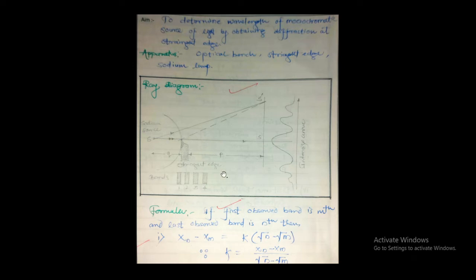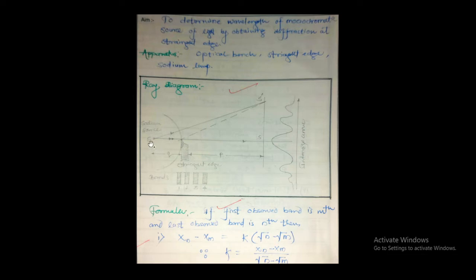The actual physical object we use as the straight edge is the well-known razor blade, because the razor blade has two sharp edges. We place this obstacle in the path of the light from source to screen.